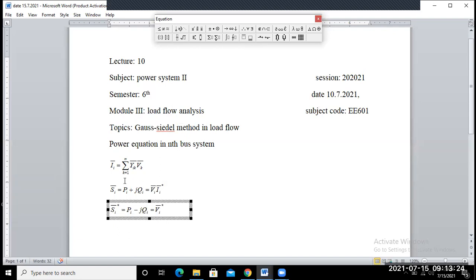Now put the value of Ii equal to the summation of k equal to 1 to n of Yik Vk.